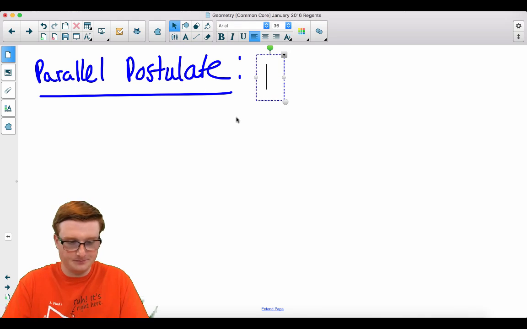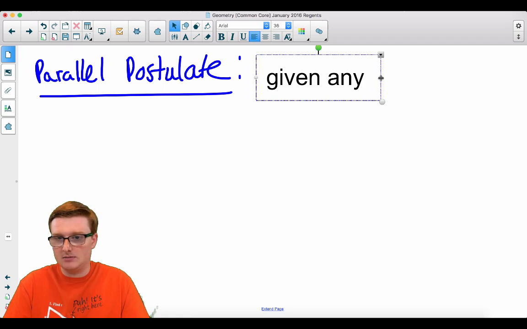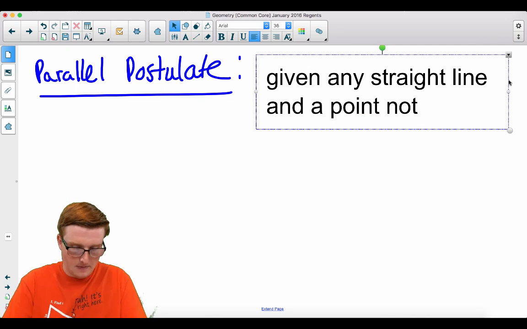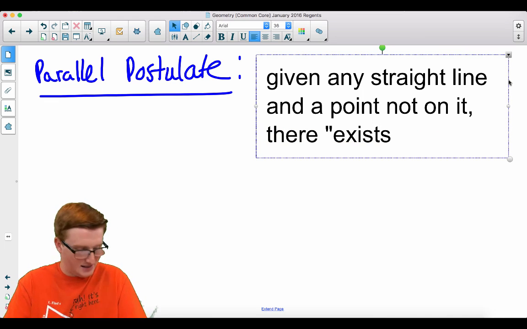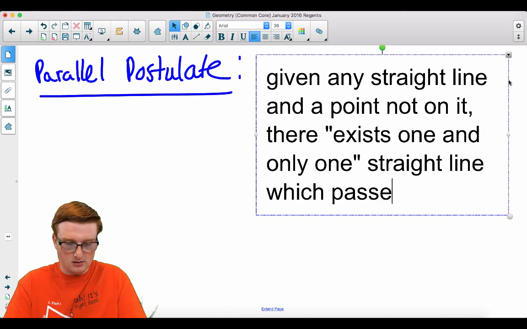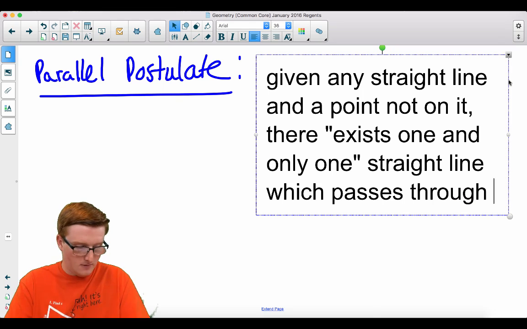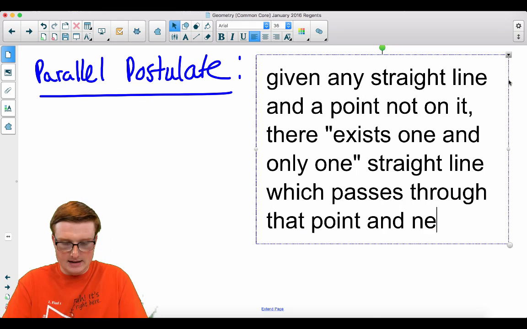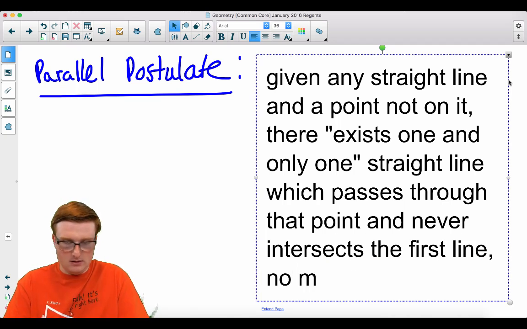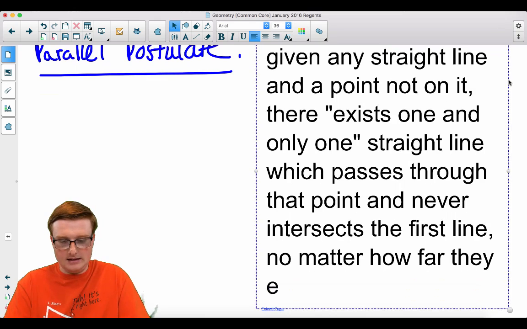Okay, so given any straight line and a point not on it, there exists one and only one straight line which passes through that point and never intersects the first line, no matter how far they extend.